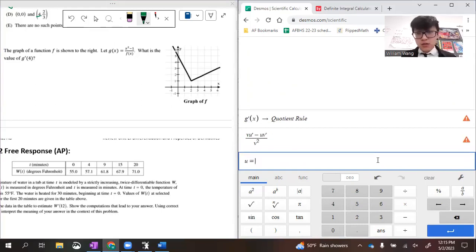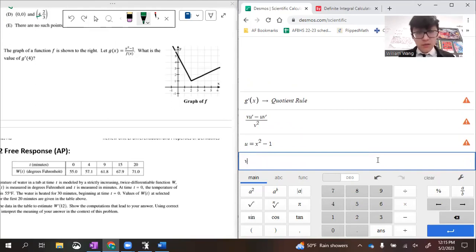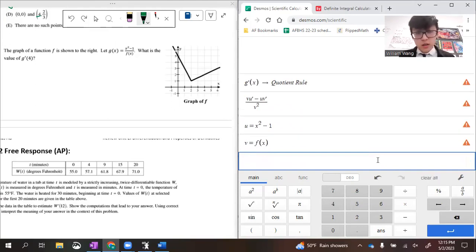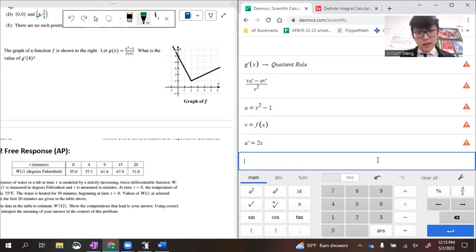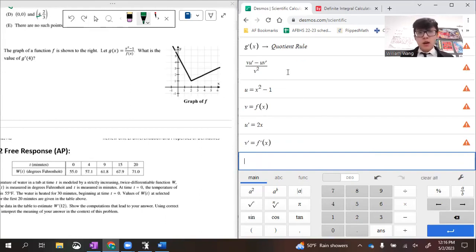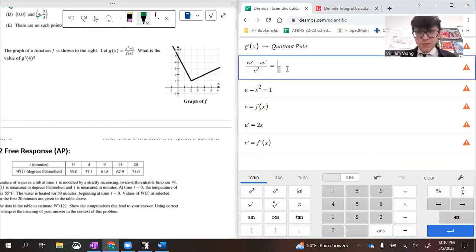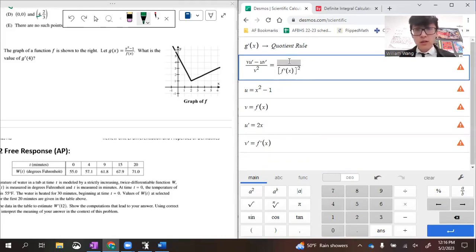All right, U is equal to x squared minus 1. V is equal to f of x. U prime is equal to 2x. And V prime is equal to f prime of x. All right, so I plug it into my quotient rule. That means it's going to be V squared in the denominator, VU prime minus UV prime.